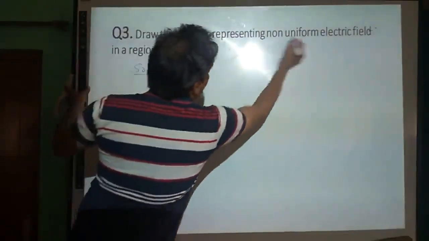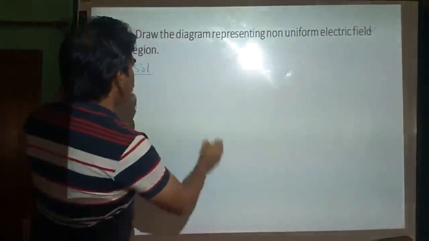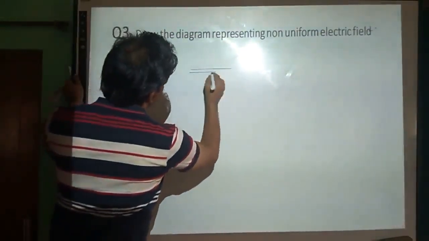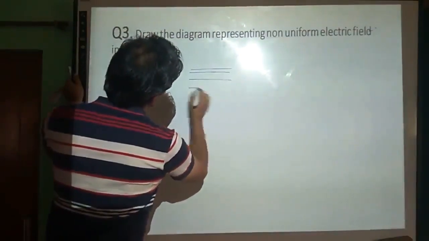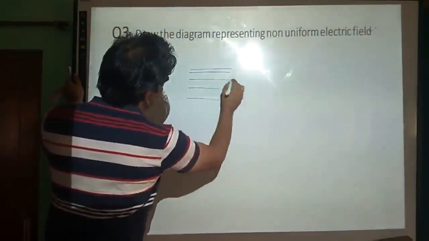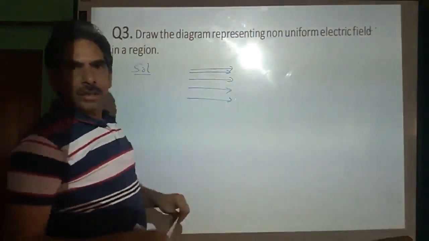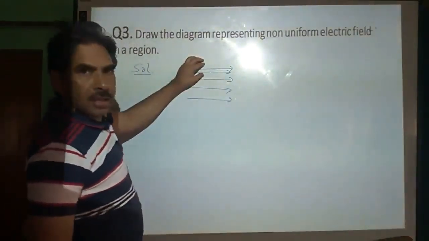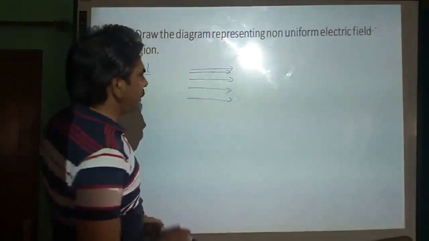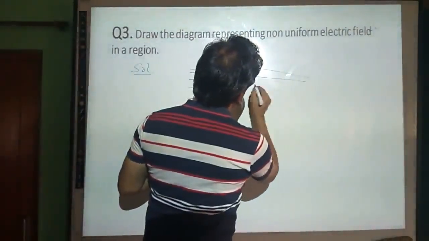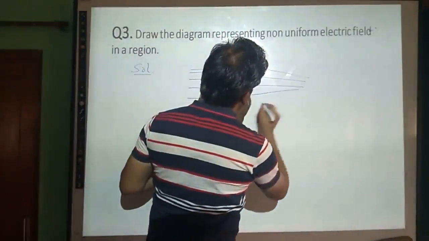And what about non-uniform electric field? Non-uniform electric field represents either field lines having different spacing, so here the electric field is different, here the electric field is different, or they have different directions.